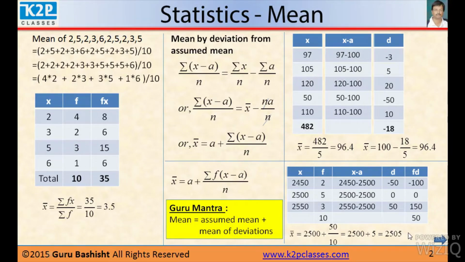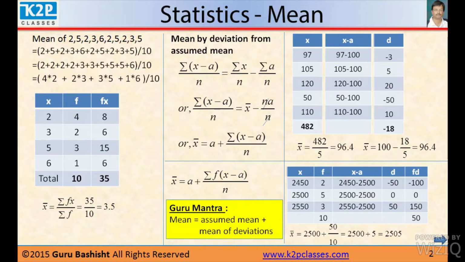So now the question is, why do you use this method, which is called deviation from assumed mean? This method is used just to make your calculation easy, because when we take the deviations, the big numbers become very small: minus 50, 0, 50. So the calculation becomes easy.